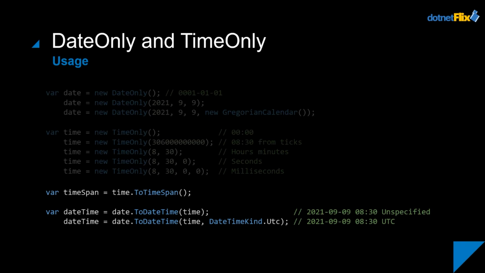And for DateOnly, to make a DateTime from a DateOnly object, you can use the ToDateTime method, in which you would have to add a TimeOnly as parameter, and then it will return the DateTime to you with that time that you specify. The default version of that method will create an unspecified DateTime for you, but there's an overload in which you can specify what kind of DateTime it should return for you.